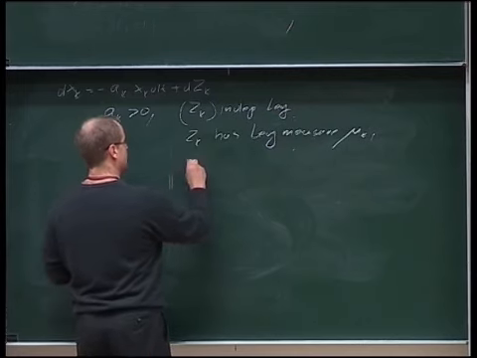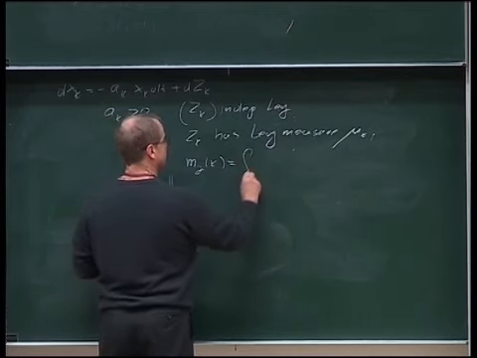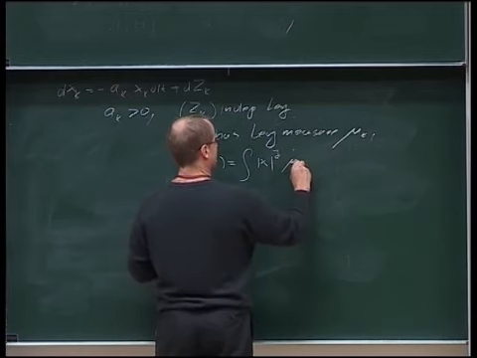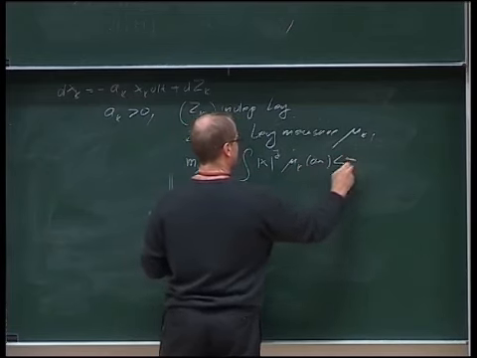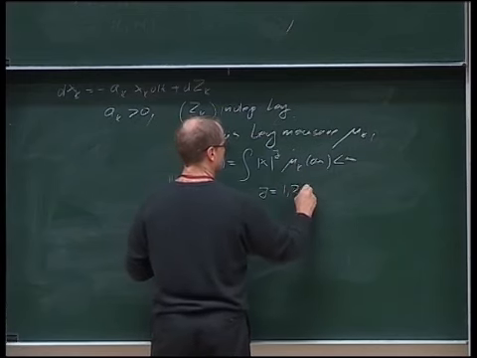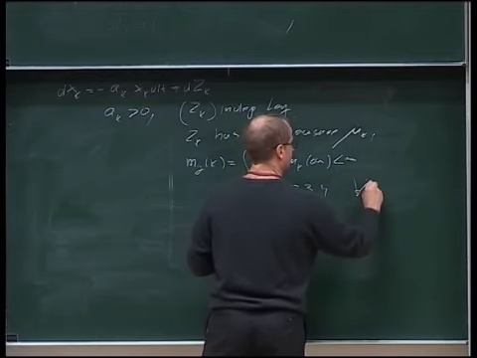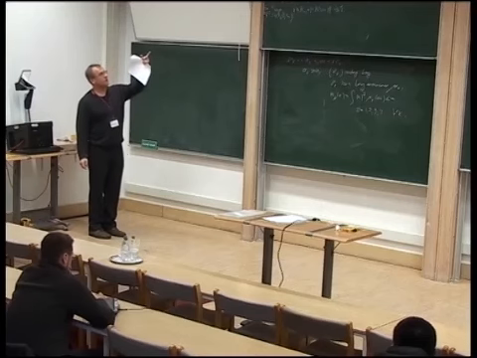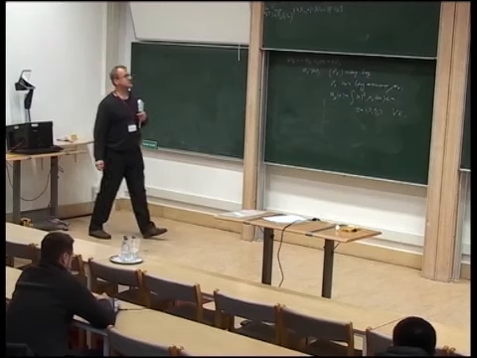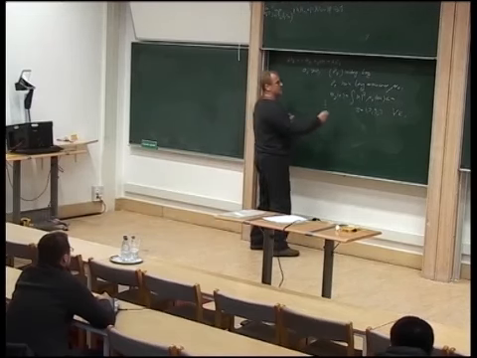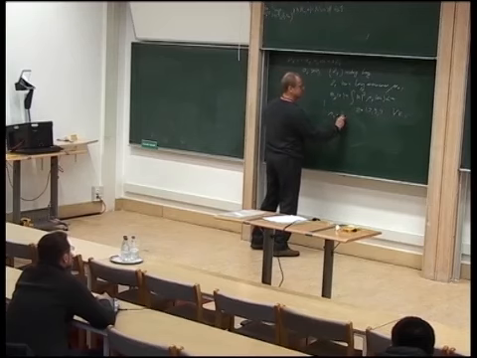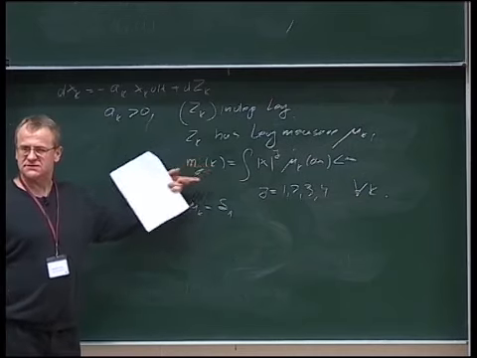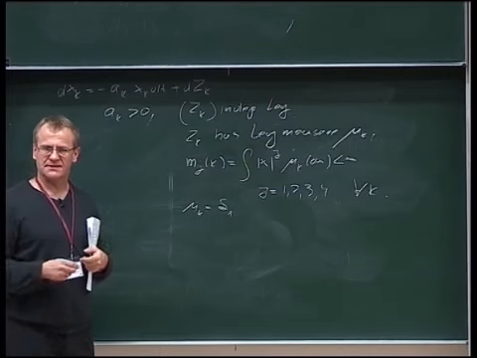So mjk is the integral of x to the j against mu k dx, finite for j equal 1, 2, 3, 4. Of course, in the previous case, the measure mu k is just the delta on 1, so these numbers are all ones.